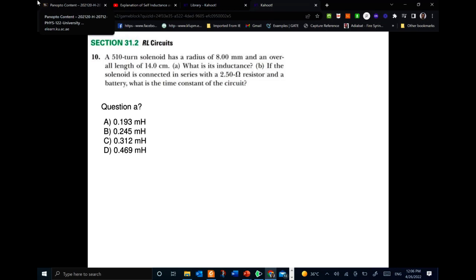If you forget the equation for inductance, for an inductor always see the flux linkage divided by the current.